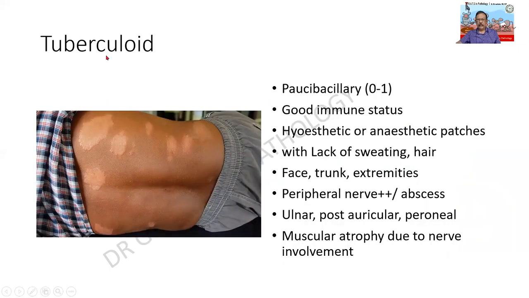The next one is the tuberculoid type of leprosy, which is paucibacillary. Paucibacillary means lower amount of bacilli. The immune status of the host is good, and the patient presents with irregular pale patches, which can be anesthetic or hypoesthetic. There will be a lower amount of sensation.